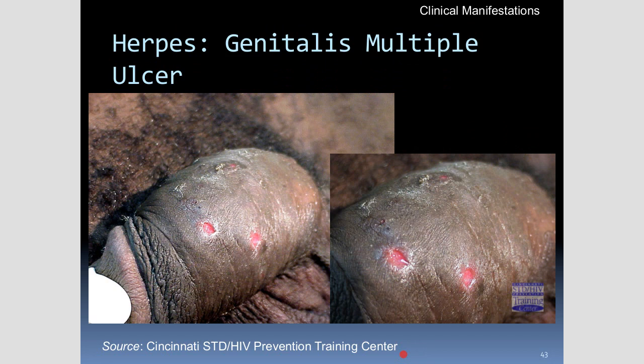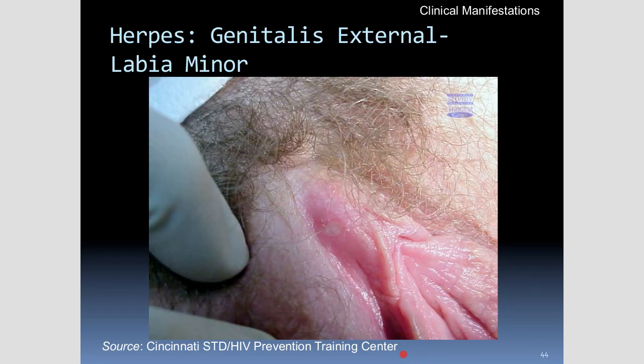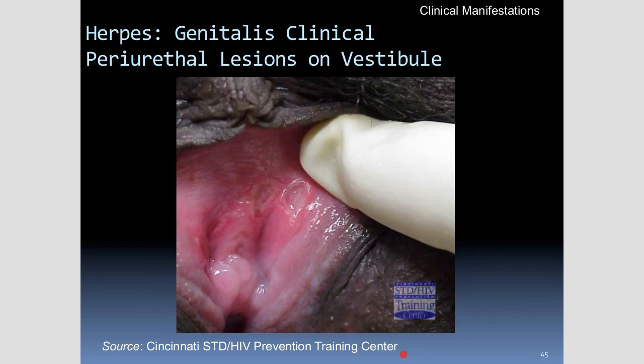Multiple ulcers, again, as a rule ulcers are not there, but they are there for HSV.